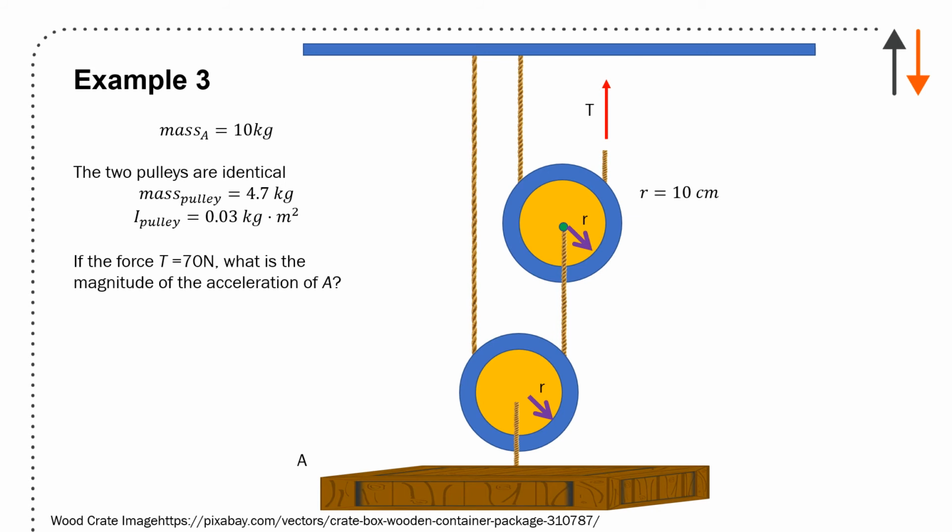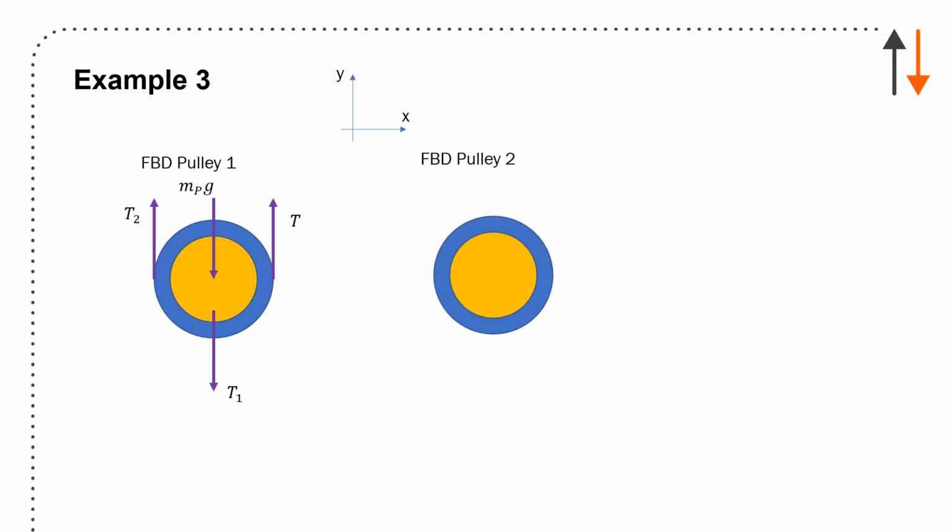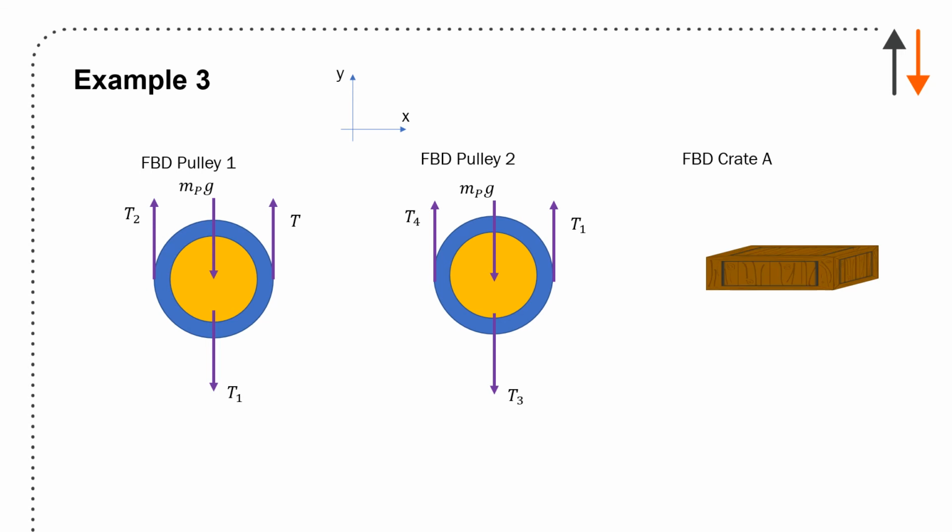So how do I do this? Same thing, basically. I've put in a coordinate system. I forgot to put in my rotation, but I'll deal with that in a second. I have free body diagrams of pulley 1, T and T2, T1, and MPG. I'll have the same thing for pulley 2, different forces, but the same sort of diagram.